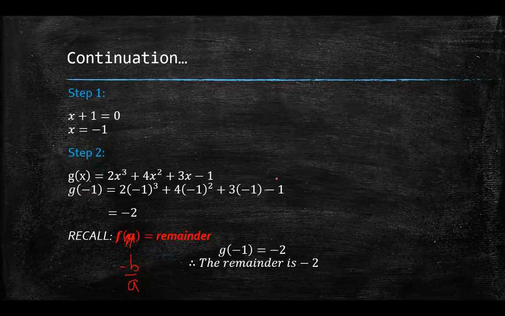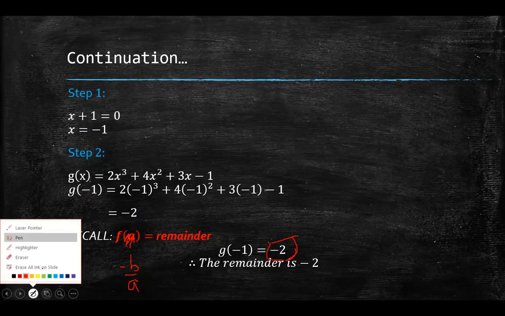And then I told you when you substitute that value of x into your function, whatever answer you get, that's your remainder. That's why I have down here, g of minus 1 is equal to minus 2. Therefore, this minus 2 is my remainder. You good with that? Yes, miss. Okay.